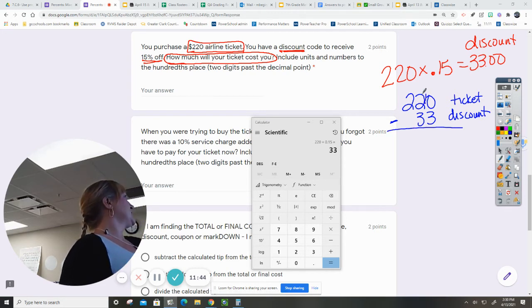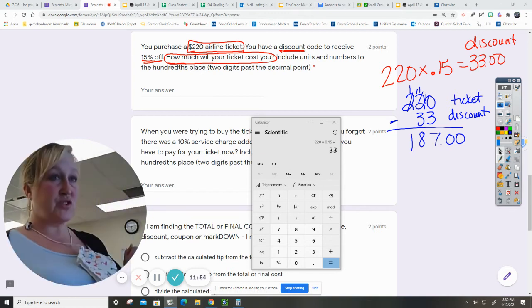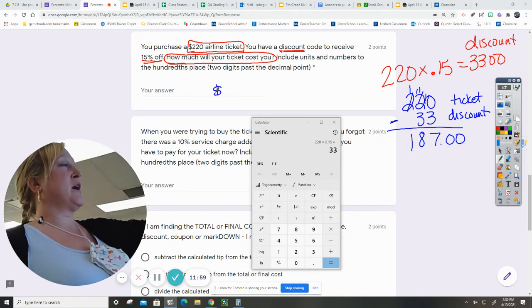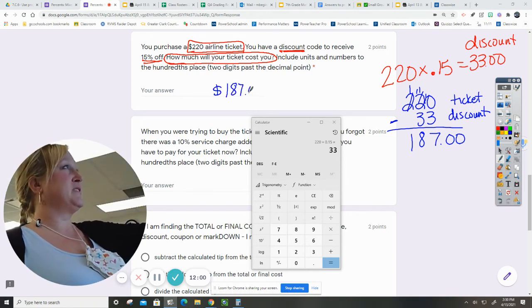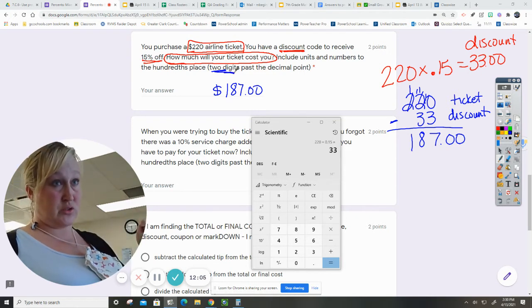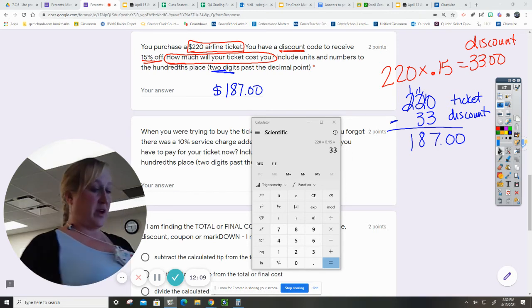And you get $187. So the answer to that one is going to be, typed correctly, $187. And it does say 2 digits, so you need to make sure that you include your digits and your symbols. And that should be the answer there.